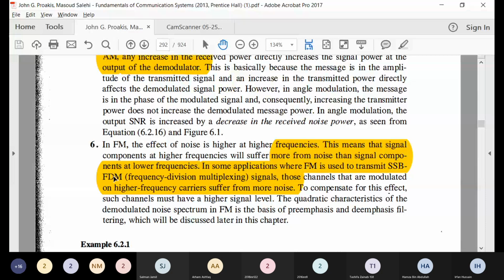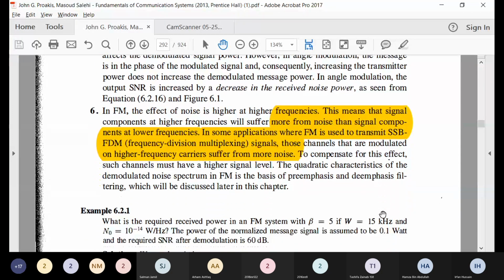In this type, those channels which will be at higher frequencies will have more noise. So we need to compensate, and that compensation is done by pre-emphasis and de-emphasis, which will be discussed later.